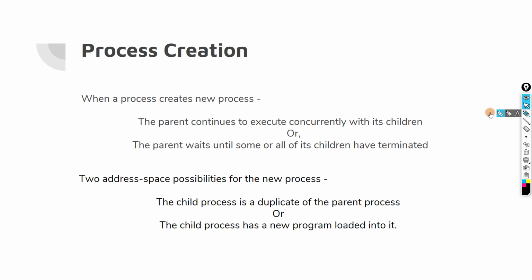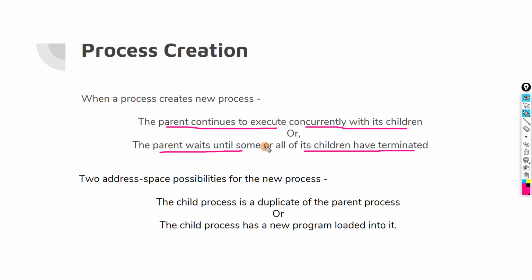When a process is created in the operating system, there can be two scenarios. The parent continues to execute concurrently with its children. This is one scenario. Or the parent waits until some or all of its children have terminated.